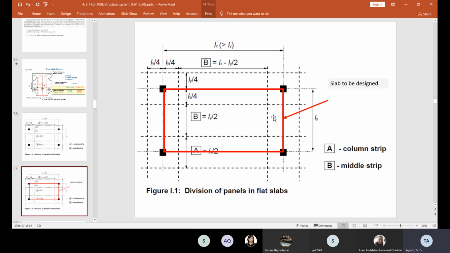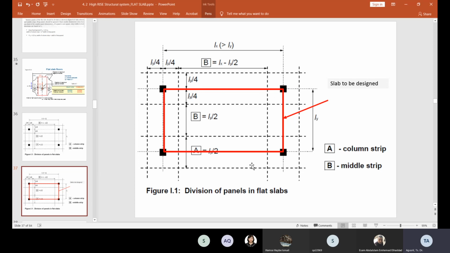First, in order to design, you can see in this slab there is no beam here. So now we need to design some portion of the slab to act as the beam. We call this the column strip. This location is considered the beam.